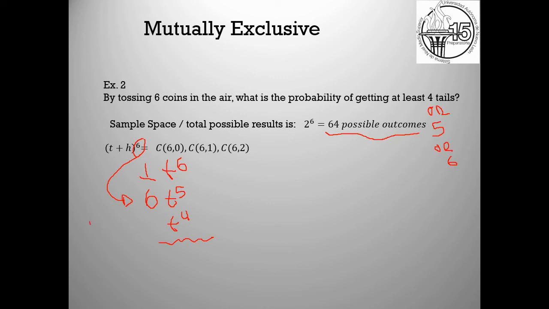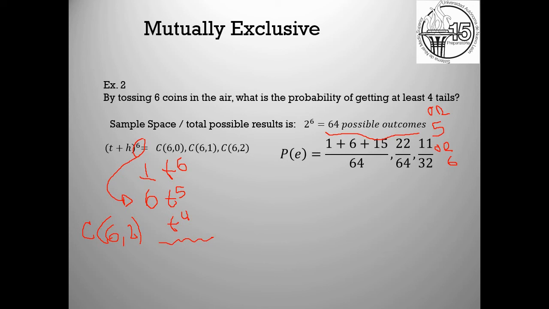That will be the combination of 6 with 2, and we will have all the coefficients. That will be 1, then 6 and 15.